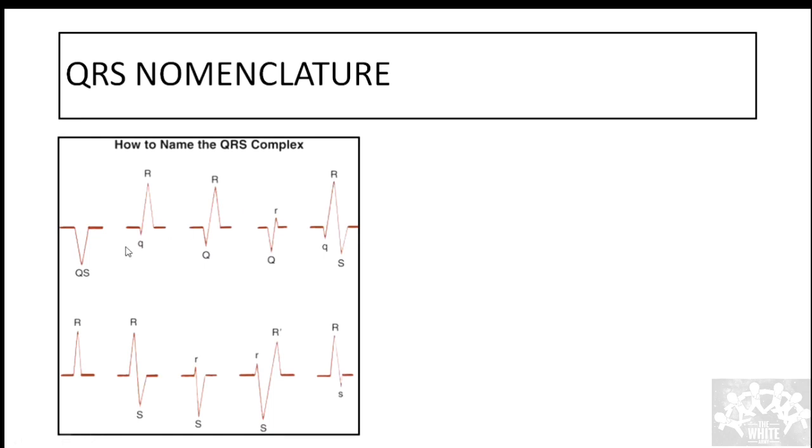Let's understand that. Whichever is the first negative deflection, we call that the Q wave. Let's take this as an example. The first negative deflection is called the Q wave. Following that, the first positive deflection is called the R wave.